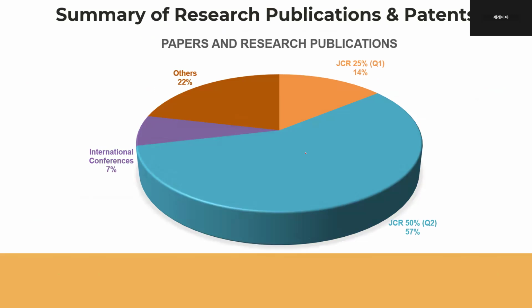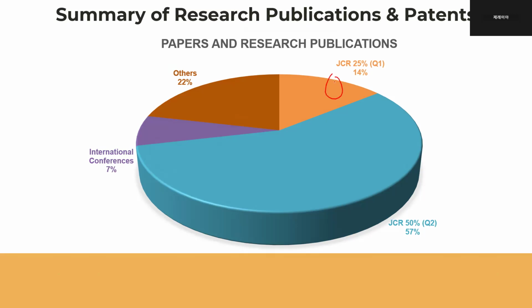In summary of the research publications and patents, papers and research that have been published, we have Q1 journals within the top 25%, which make up 14% of all the published papers under Professor James Park.